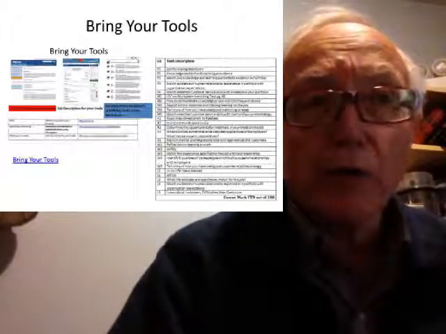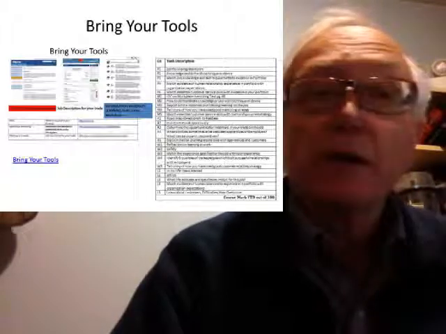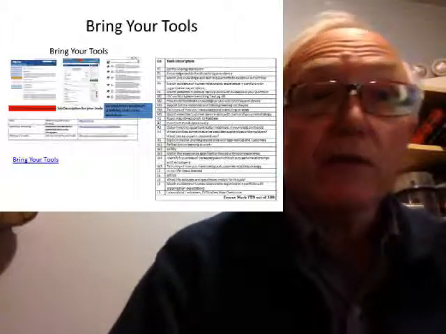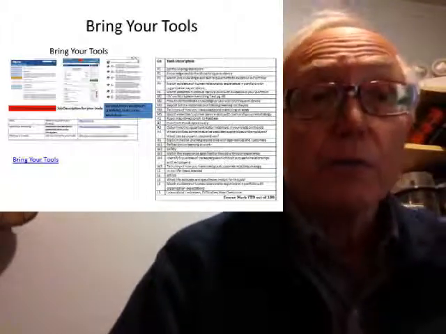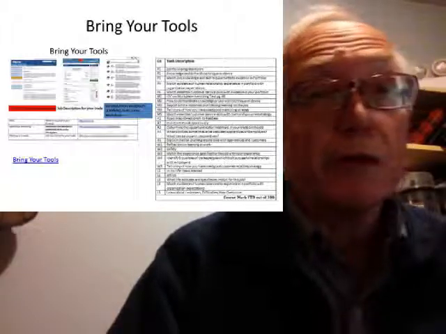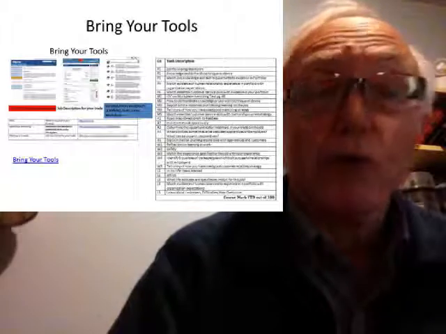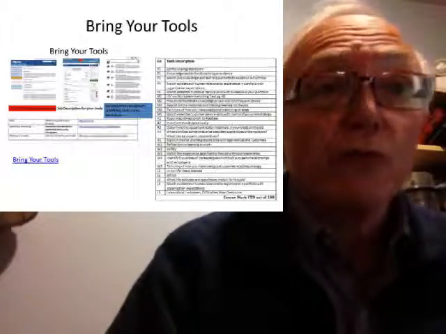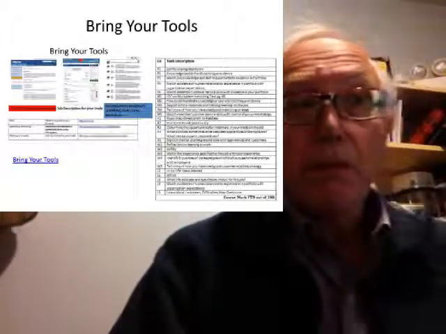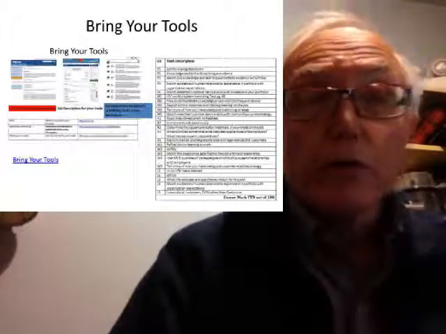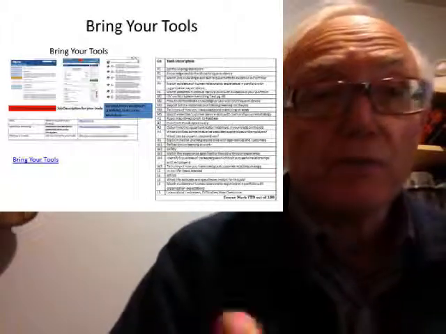Now, in your email, there's an email entitled Bring Your Tools, and it gives you the URLs so that you can retrieve the NSCC portfolio requirements, and you can retrieve the information handout Learning Skills in the Workplace. So, with those tools, 11 or 12 of the tasks are able to be done. Looking good now, eh?